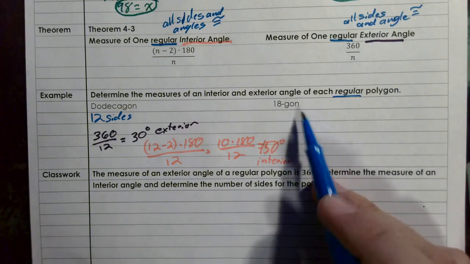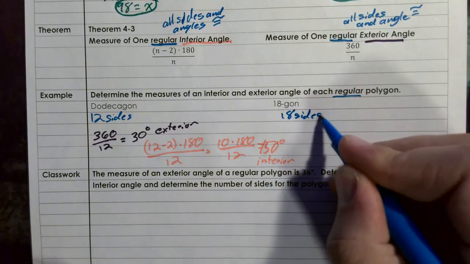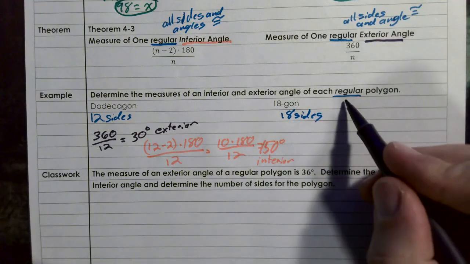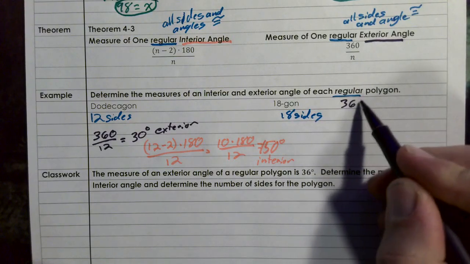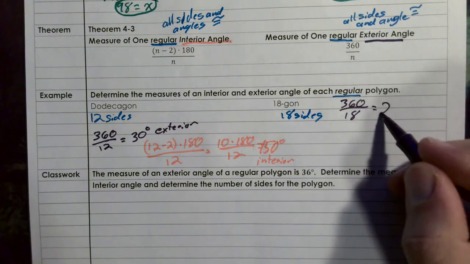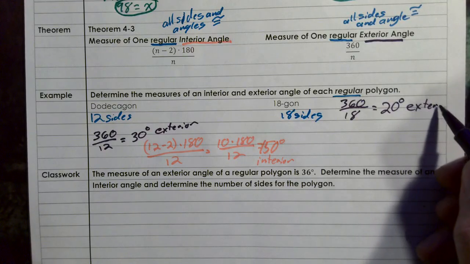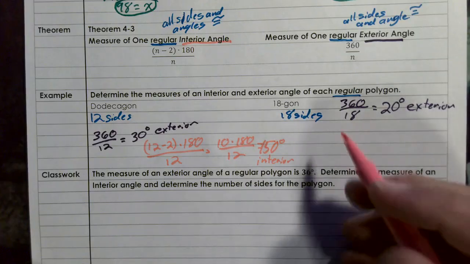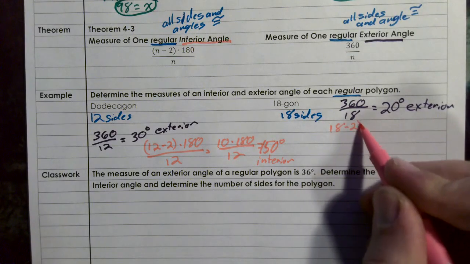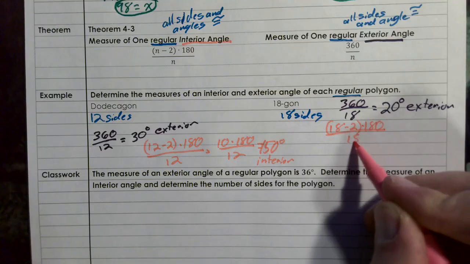If I have an 18-gon, that means I have 18 sides, but we're still going to do that same thing. My exterior is going to be 360 divided by 18, which gets me 20 degrees for each exterior angle. To do my interior angles, I need to do 18 minus 2 times 180 divided by that same 18.